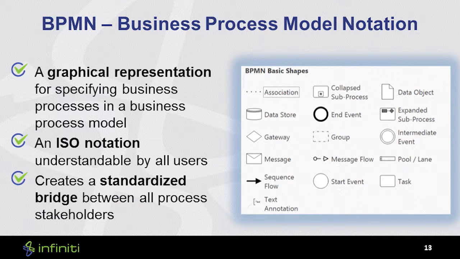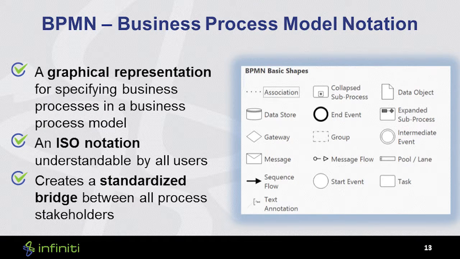It is a graphical representation of a business process model, and it's an ISO notation, meaning that everybody's going to be on the same page. So you as project team members who understand business process modeling, and also the team members, subject matter experts, even the end users, will be able to identify what is going on in one of these processes.